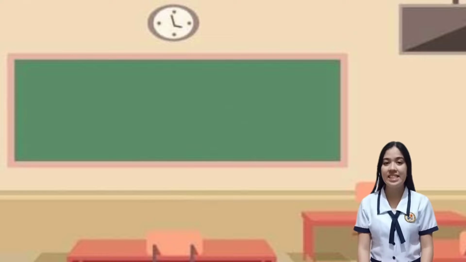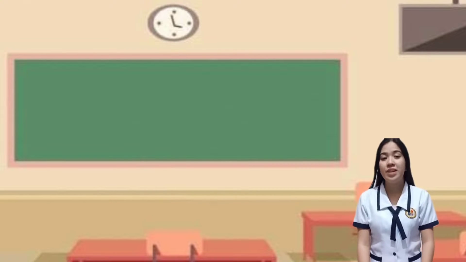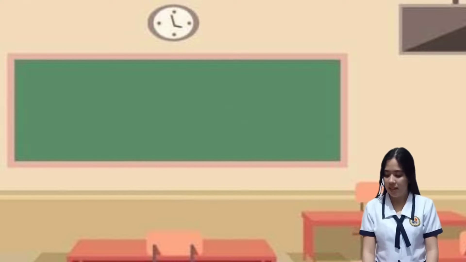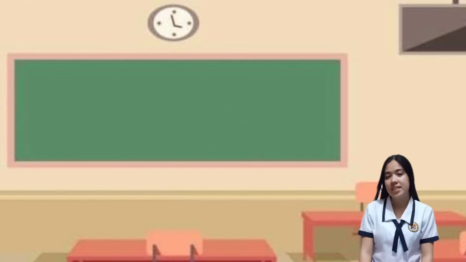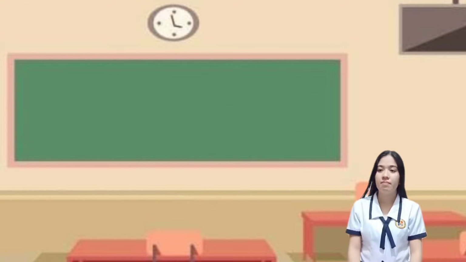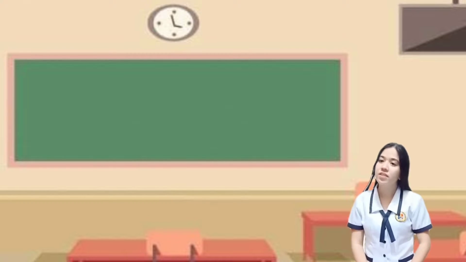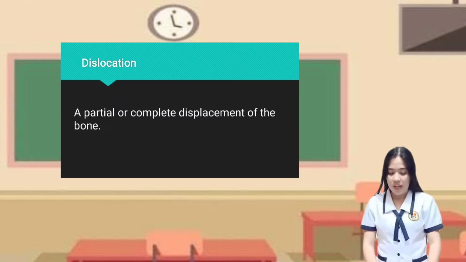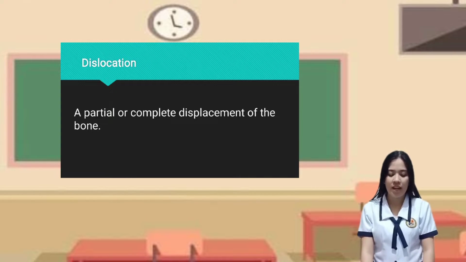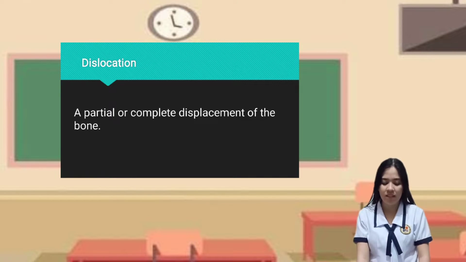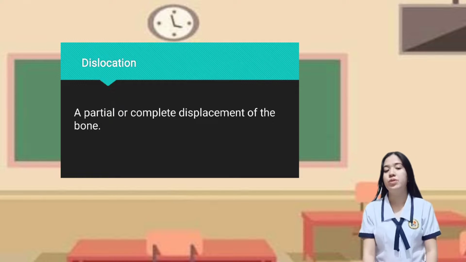So, class, this is another common unintentional injury in the bone. What is dislocation? Yes? Very good. Dislocation is a partial or complete displacement of the bone.